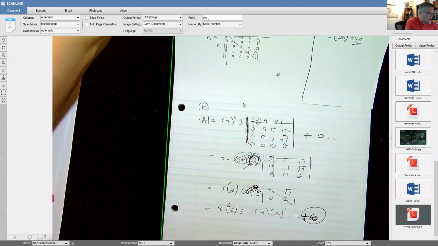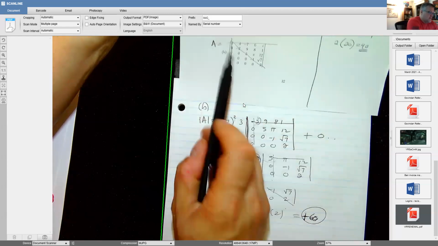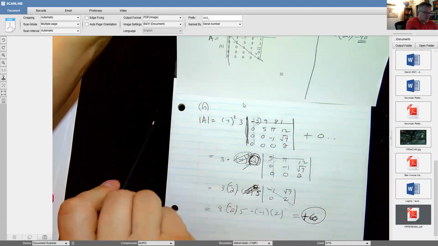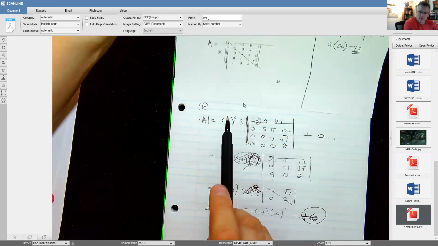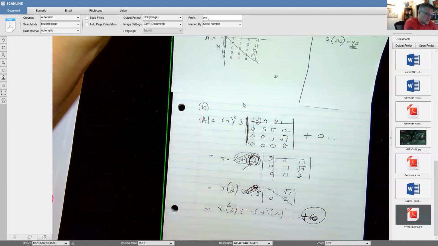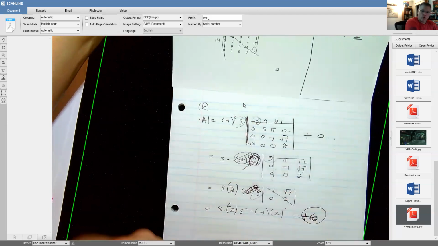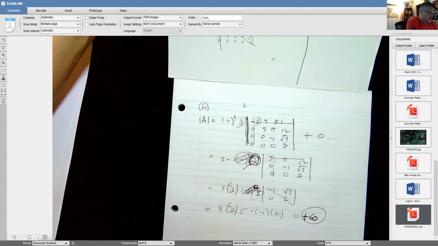So if a matrix is upper or lower triangular, meaning that above or below the diagonal you have all zeros, then its determinant is very easily obtained if you choose the column or the row that contains all but one 0 every time, because that'll always blot out everything but just one of those determinants. And these numbers out in front are always the upper left corner of that matrix, which turn out to be the entries on the diagonal. So that's a nice, handy thing if you have such a matrix.